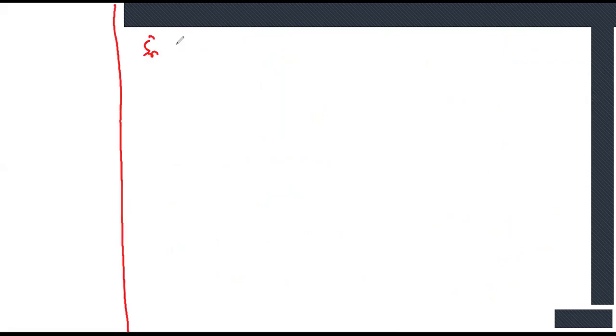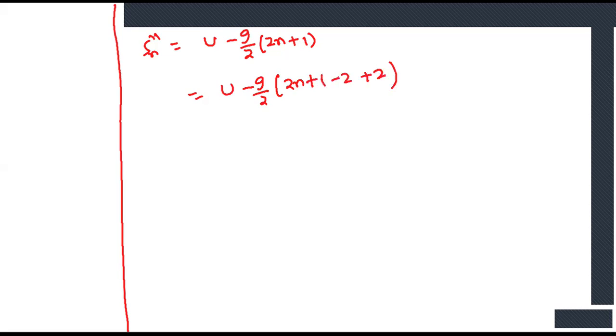Sn double dash equal to u minus g by 2 into 2n plus 1. We need to get minus 1, so in order to get it, what we'll do is 2n plus 1 minus 2 plus 2. I will add 2.